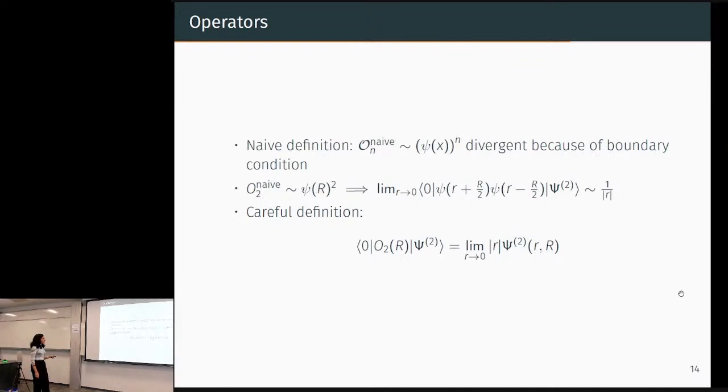As an example, consider a charge 2 operator, defined as psi squared. When we calculate its matrix elements, because of the Bethe-Peierls boundary condition, it diverges as the distance between the two fermions goes to 0. So a more careful definition of the charge 2 operator would be to multiply it by this r and define it in this particular manner.